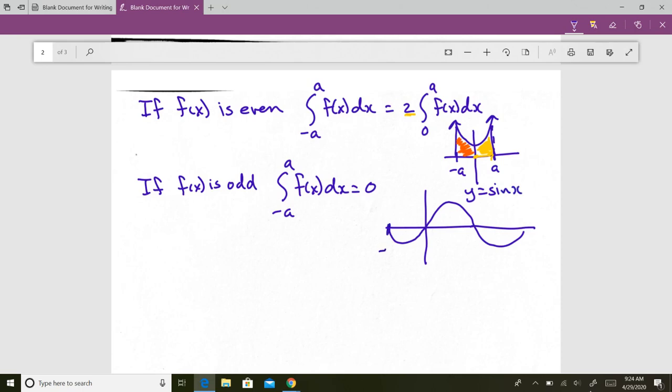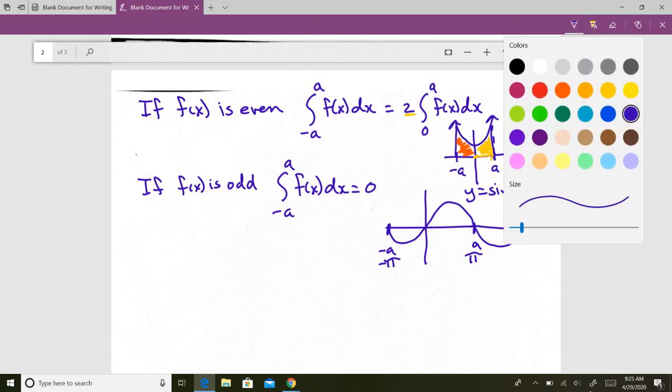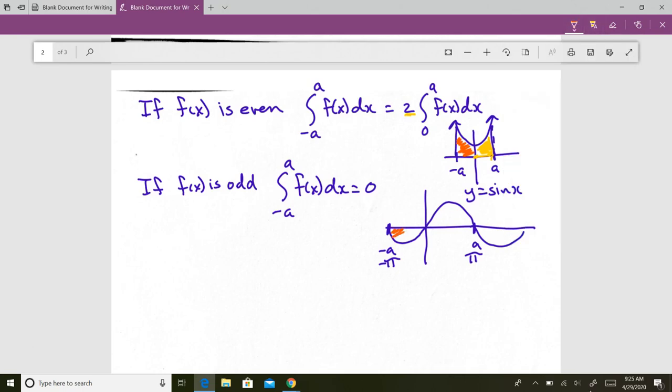And this is negative a, positive a. I guess we might as well make those negative pi and pi. But you can visually see that this area, I drew my graph, not great, is equal to this area, right? This area has a value that is negative, so below the x-axis. This has a value that is positive, so if you add those together and since they're equal, you should get 0, okay?